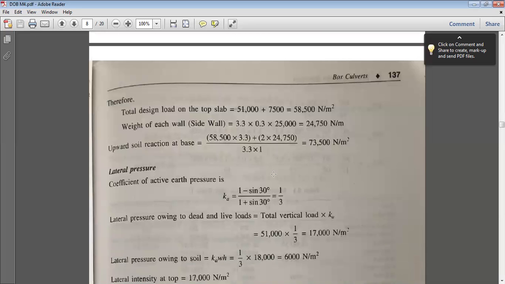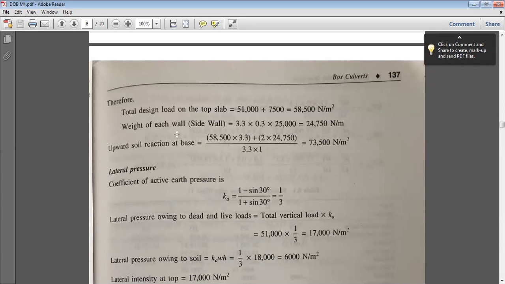Now, concentrated weight of each side wall. It is 3.3 meter in length vertically, and 300 mm thickness, with the density of RCC, that will give you 24,750 Newton per meter. Upward soil reaction. Once your box culvert is rested on the soil, due to the load which is coming from above, it will exhibit some upward reaction.